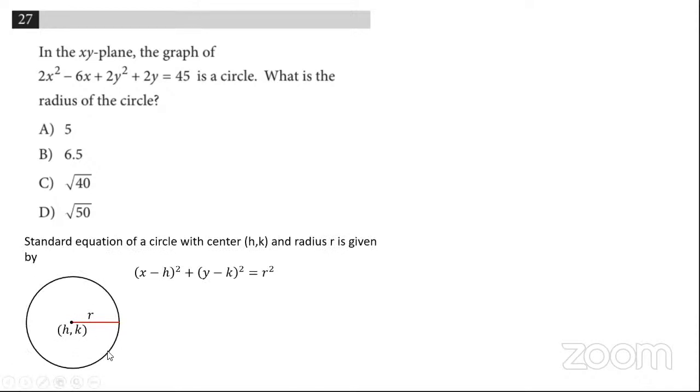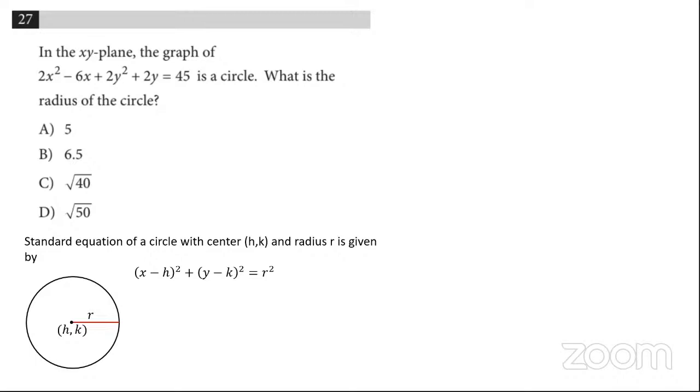So basically, this is a circle centered at (h, k), and the length of the radius is given by r. So the equation of such a circle with center (h, k) and radius r is of this form: x minus h the whole square plus y minus k the whole square equal to r square.